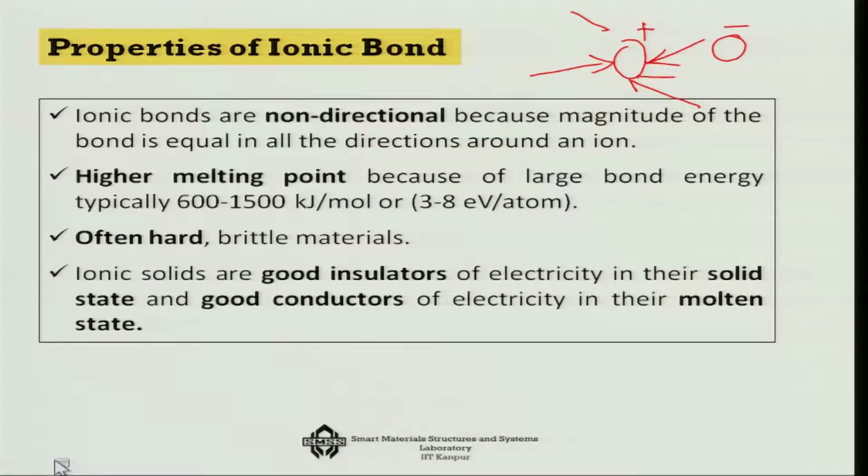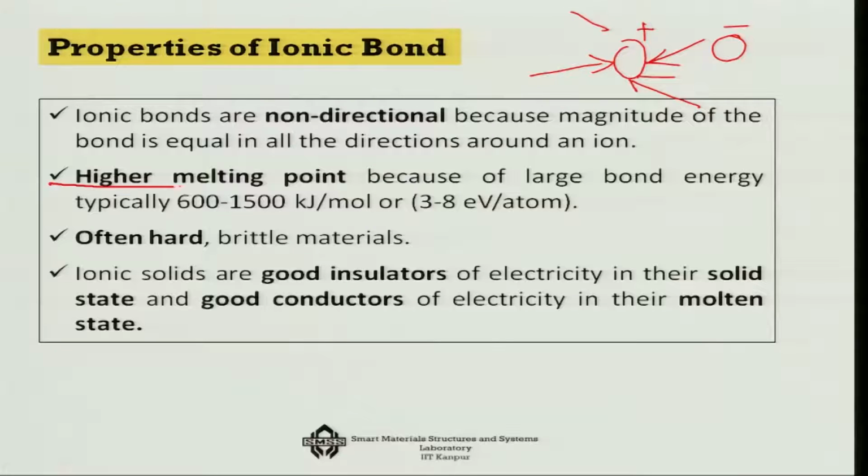So that is one important property, that ionic bonds are non-directional, which can give some isotropic properties.